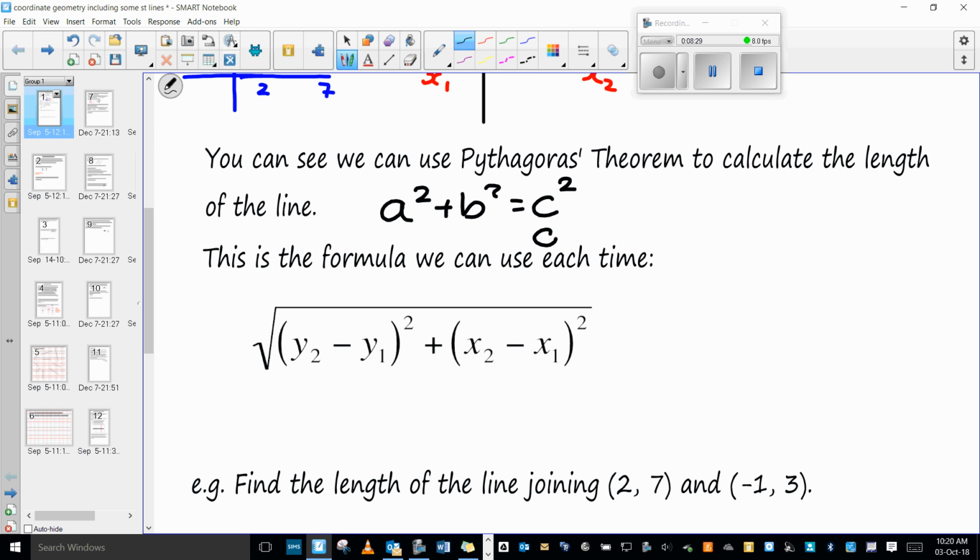Okay, so because we're trying to find c on its own, we would have to square root whatever value we want. Again, if I'd asked you to find the length of the line using Pythagoras' theorem, you would have automatically square rooted it as your final step, but seeing it looking like this, perhaps freezes some of you out. Okay?